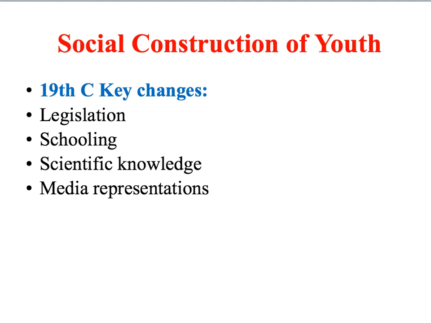And also towards the end of the 19th century, you start to get media representations of young people as a problem, as inherently deviant and a threat to social order.